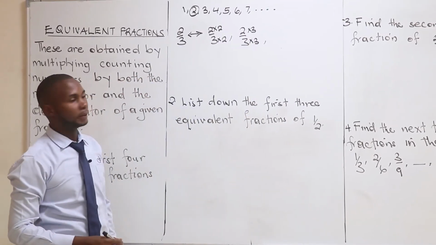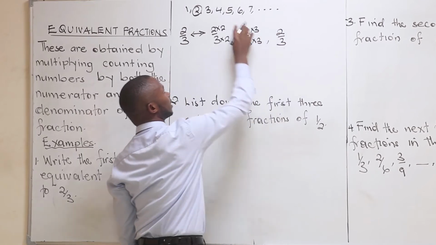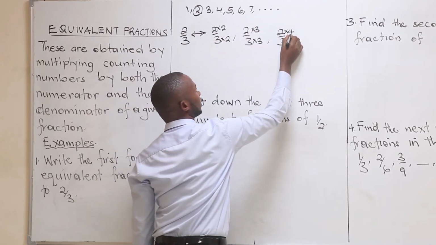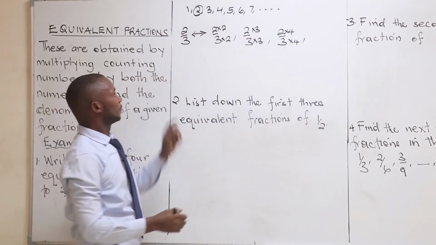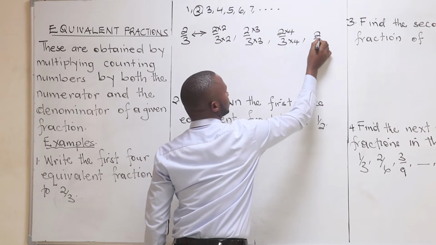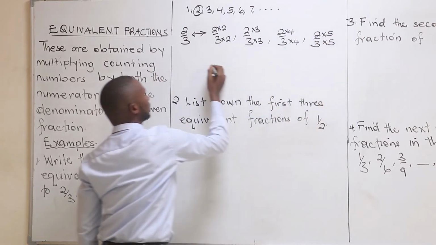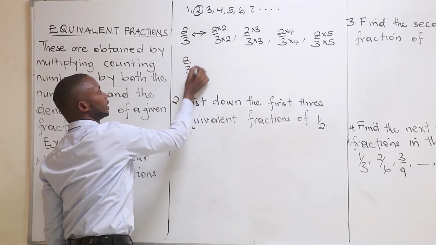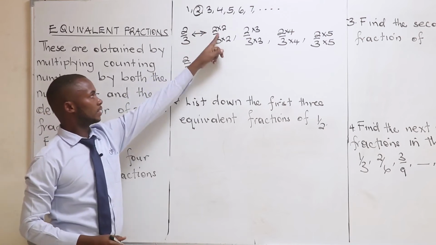The next one will be 2/3 still. This time around it will be multiplied by 4 by 4. The next time, we shall have 2 out of 3. This time around 5 times 5. When you go down, 2 out of 3 is equivalent to, get the answers.